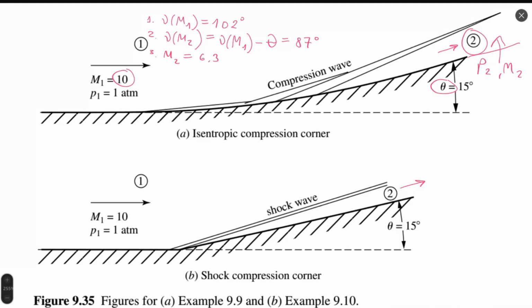The value corresponding to Mach 10 for stagnation pressure by pressure ratio will be 129.